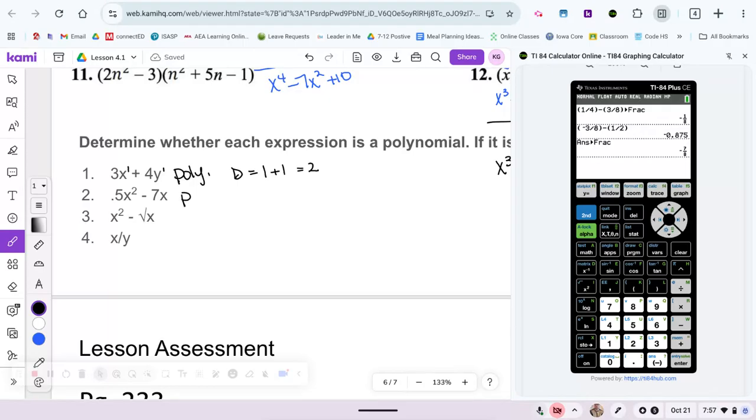Number 2 is also a polynomial. And this is a single variable polynomial, so I only go with the highest exponent, which is squared. The next one is not a polynomial because of the square root of x. And the last one is not a polynomial because of x being divided by y.